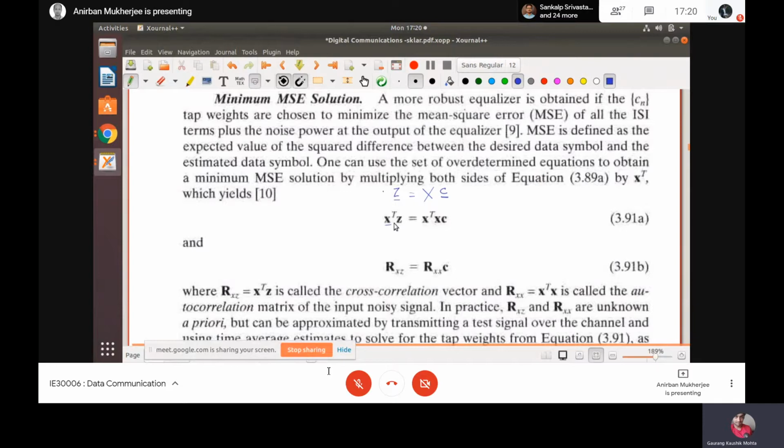That means X transpose Z equals X transpose X times C. Now this one, X transpose Z, please remember this.